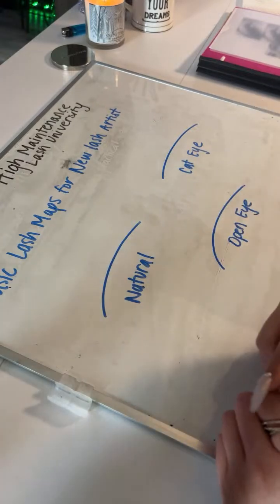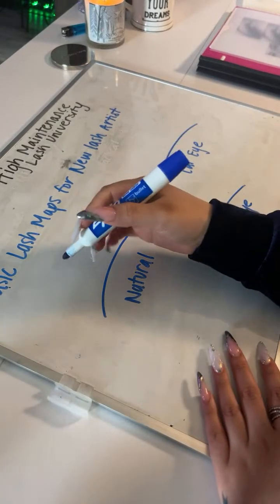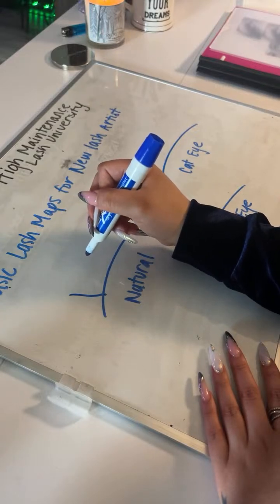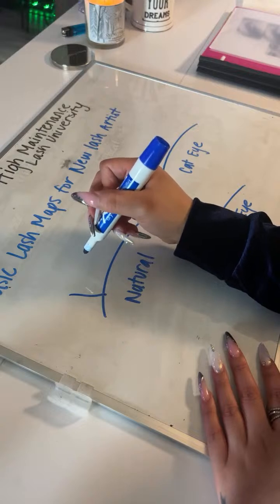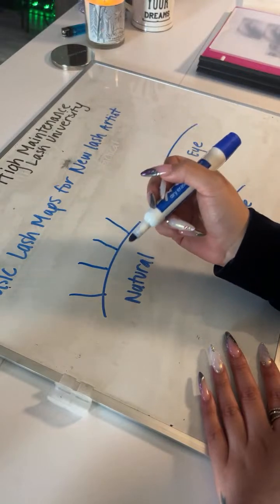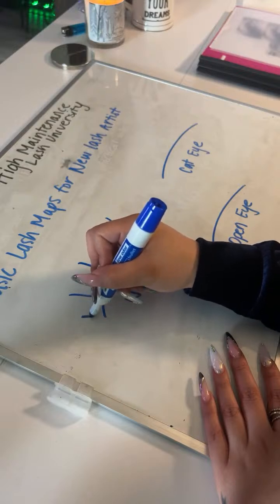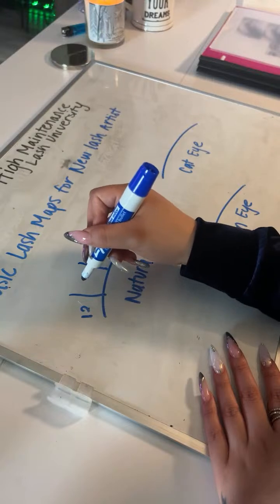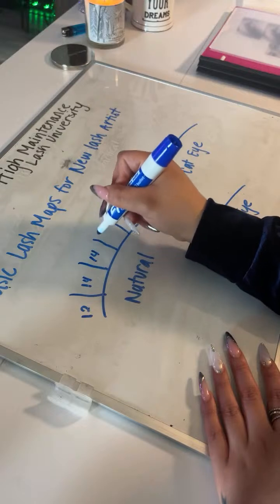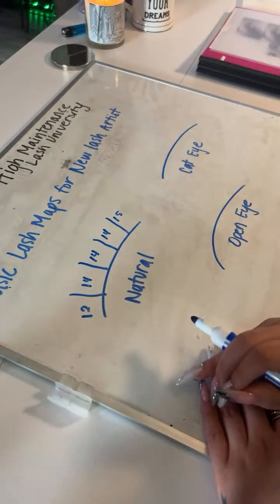One thing that you should never do, and what I see a lot of lash artists doing, is they will do maybe some 12s on the inner corner, and then they go up to 14s, and then 14, 14, 14, 15. And that's the lash map.